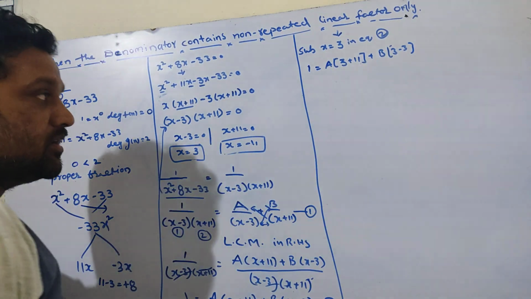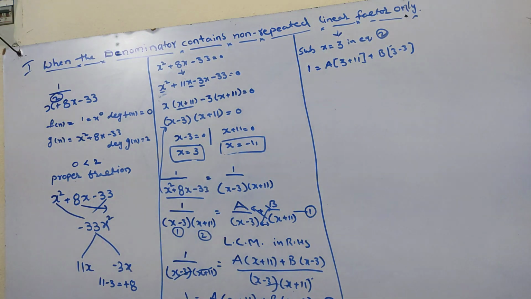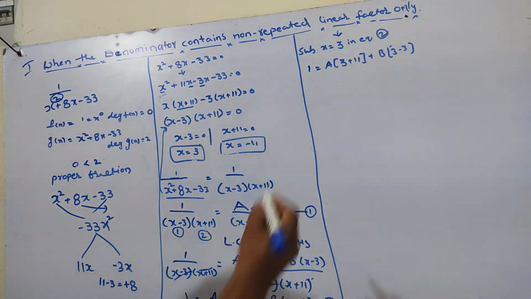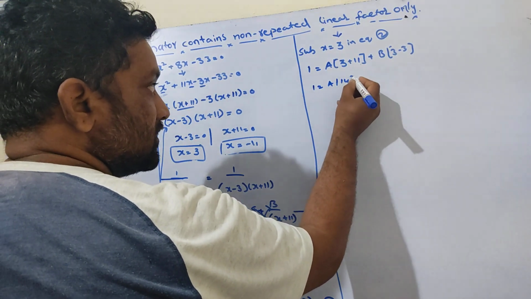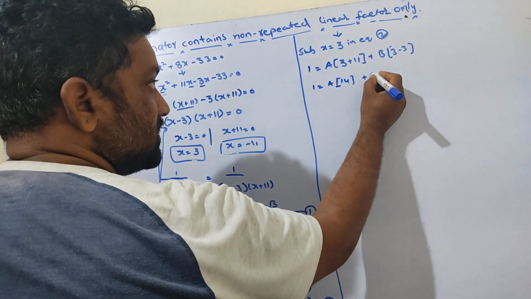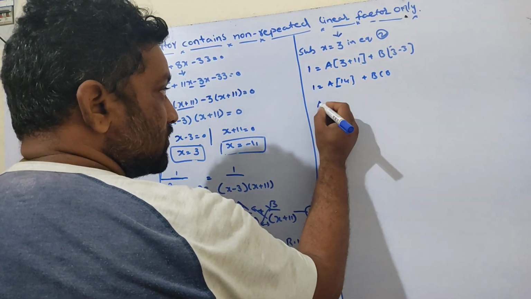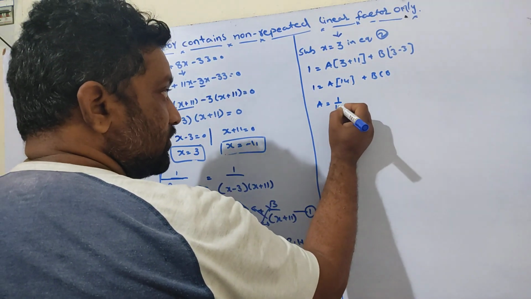Here 3 minus 3 is equal to 0. So 1 is equal to a of 14 plus b of 0. Then a is equal to 1 by 14.